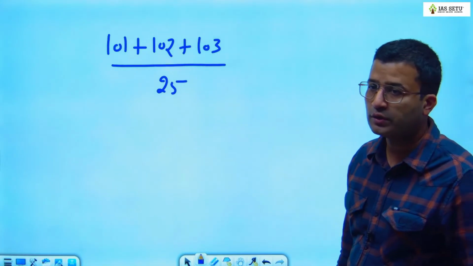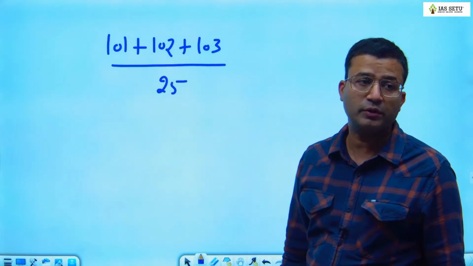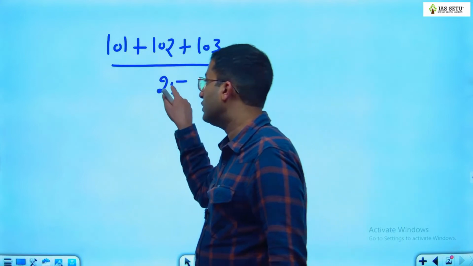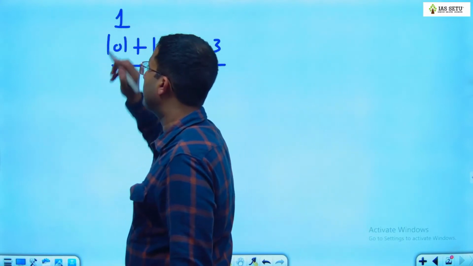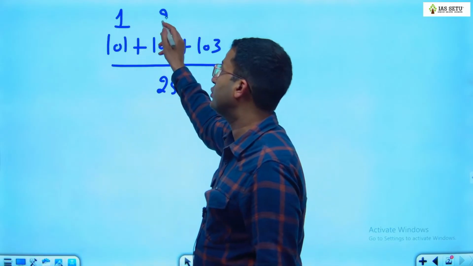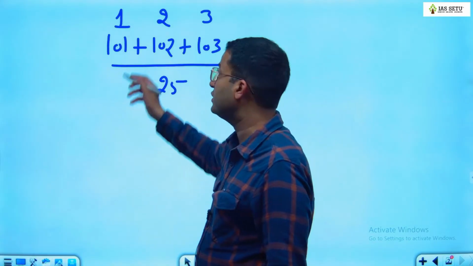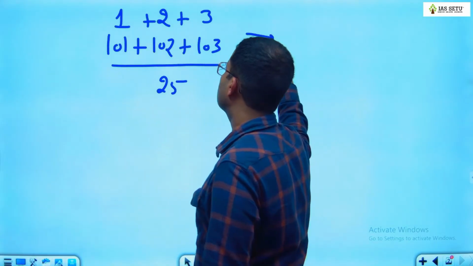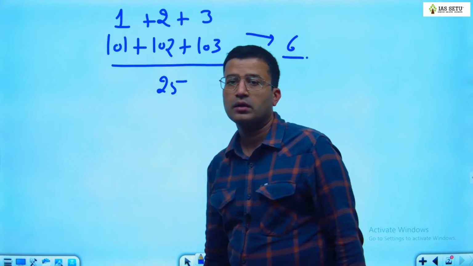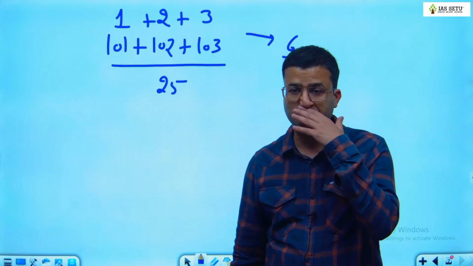Our remainder theorem suggests we know multiple of 25. 100 is the multiple of 25. So 101 with respect to 25 give remainder 1. 102 when you divide by 25 we get remainder 2. 103 with respect to 25 we get remainder 3. And you add, you get your answer 6. So rather than taking total, we take individual remainder and we add.